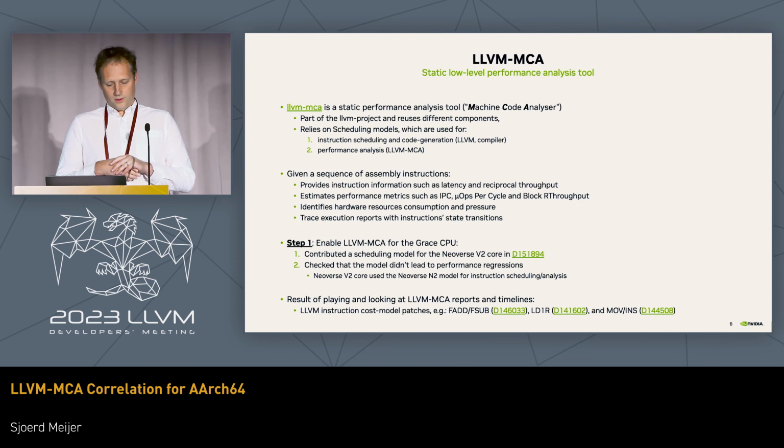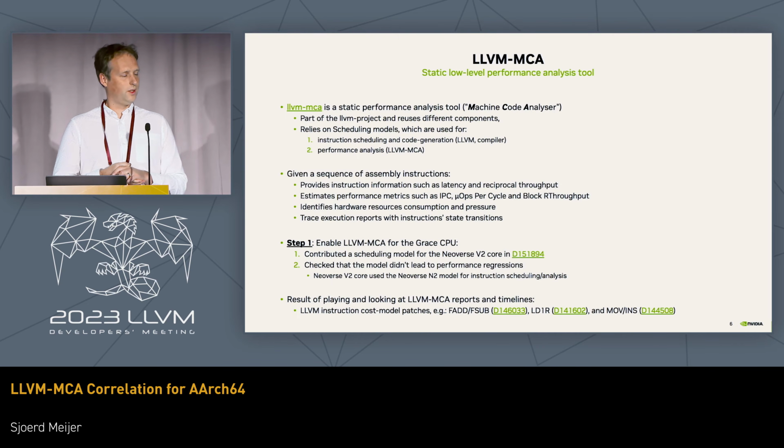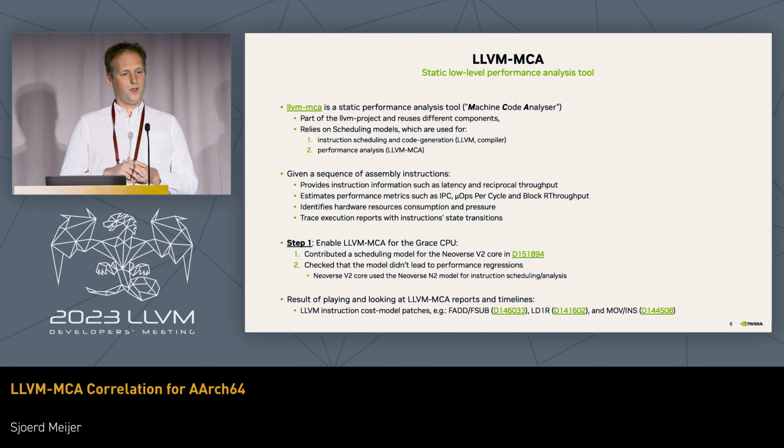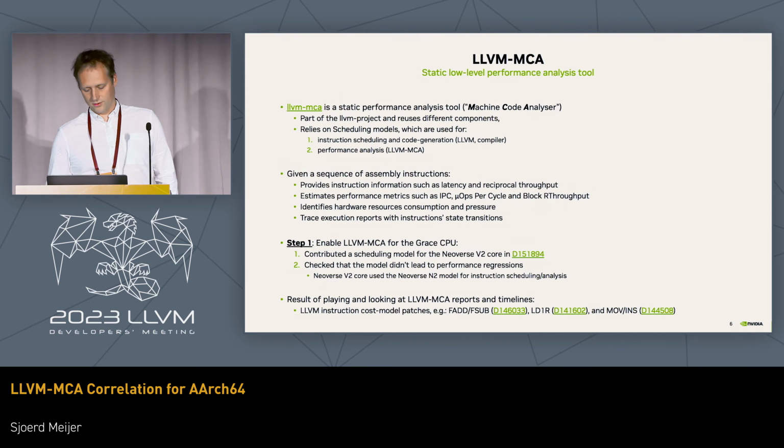So when that all looked good, we actually started using LLVM-MCA. We used it in performance analysis for some of the problems that we had. And this tool immediately allowed us to see problems and improve vectorization for a number of cases, because we noticed that, for example, latencies and instruction descriptions were just wrong.